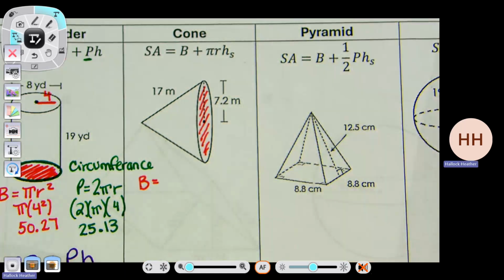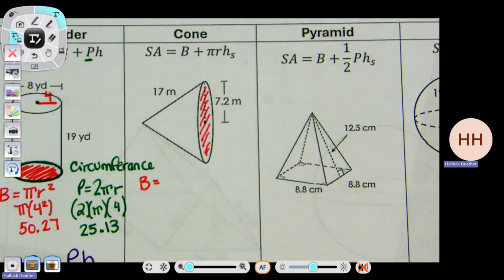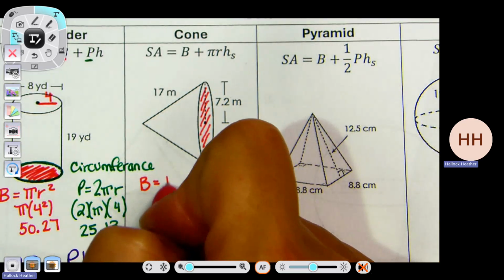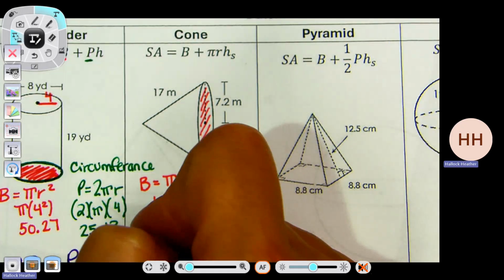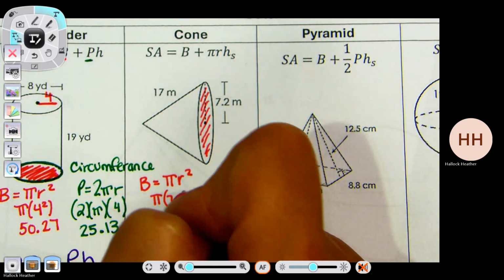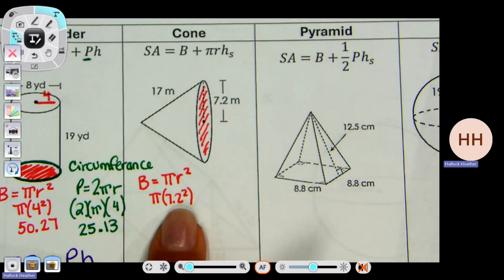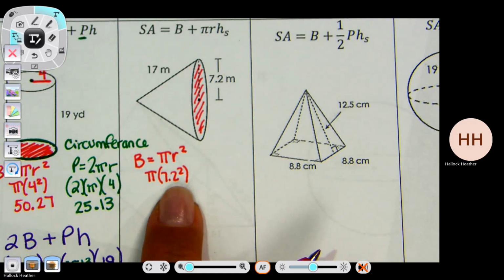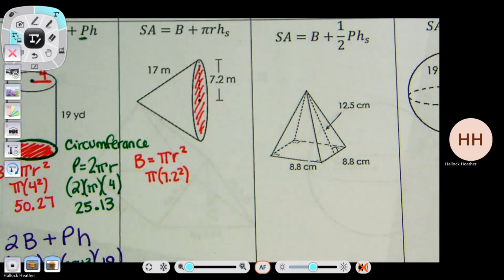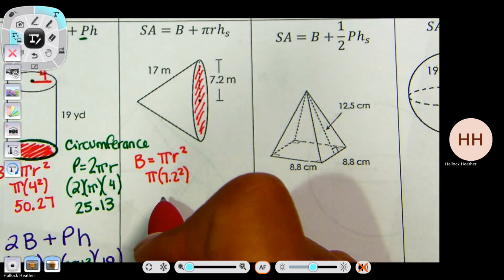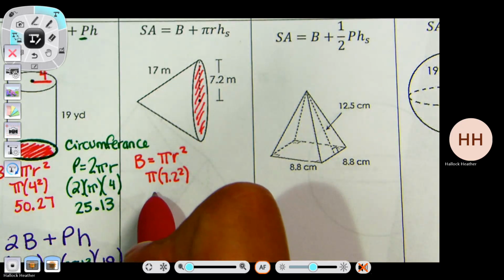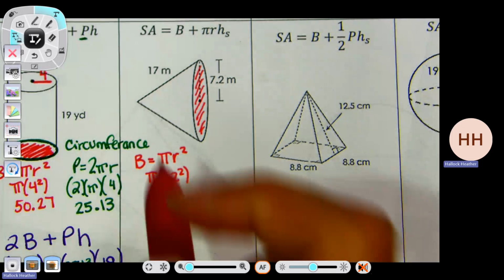Should I use length times width or pi r squared? Pi r squared, because it's a circle. What's my radius? 7.2. So we're going to do 7.2 to the power of 2, and multiply by pi.